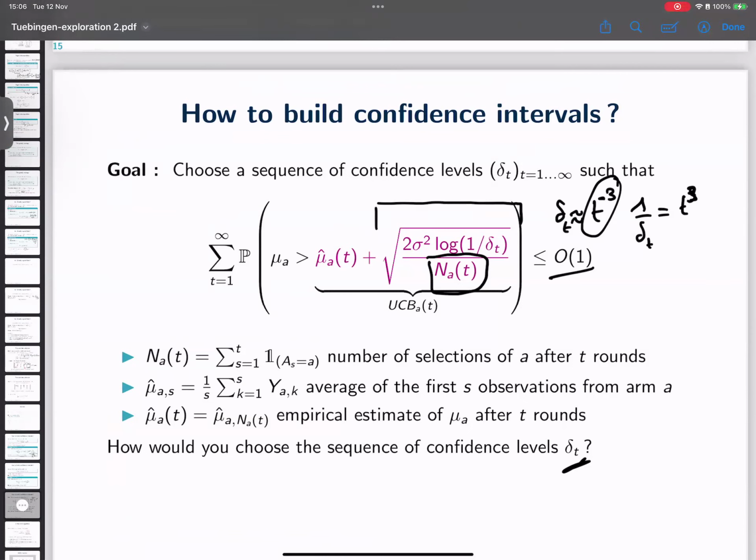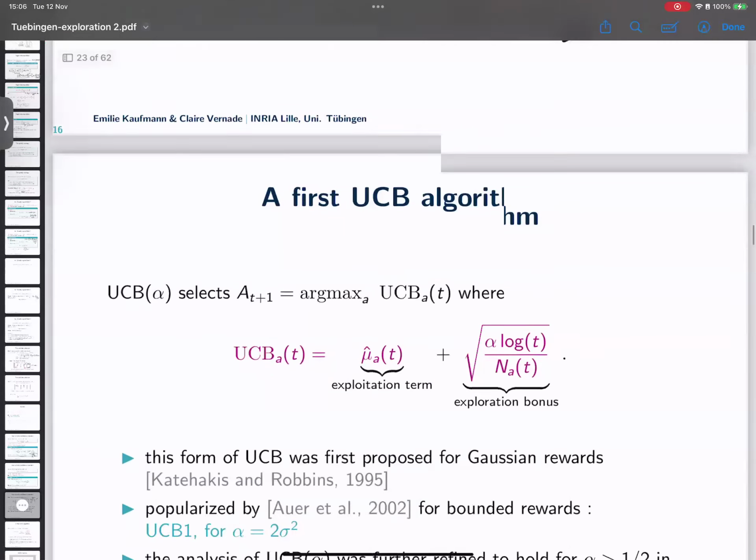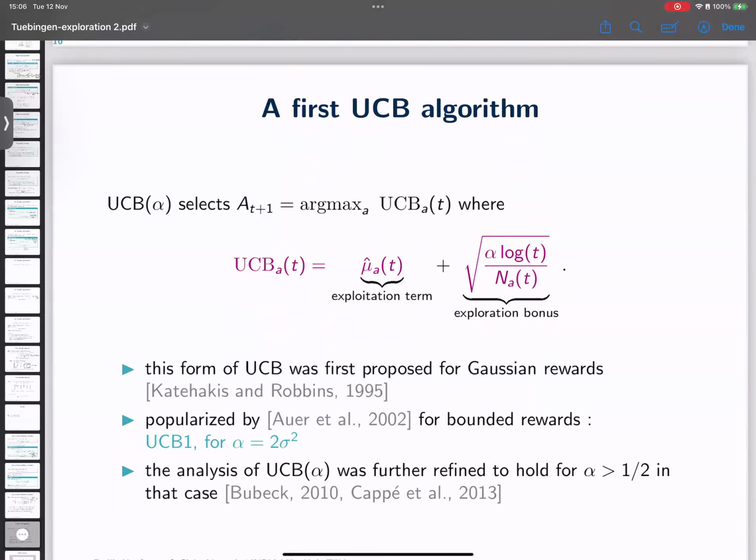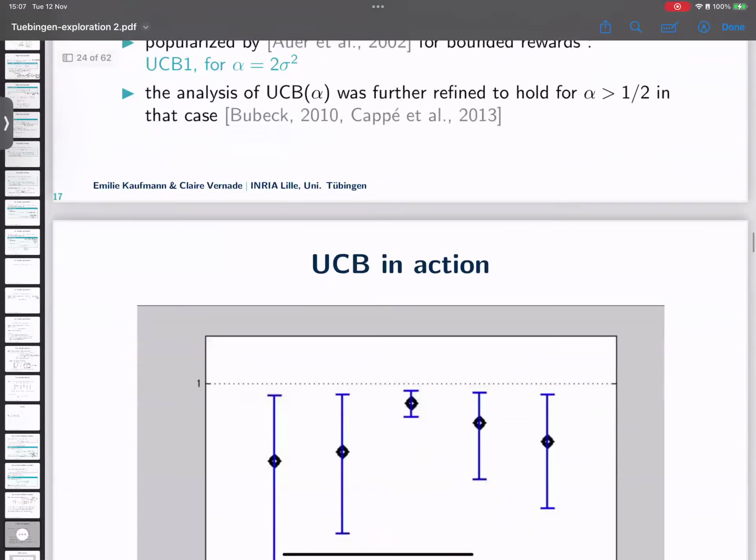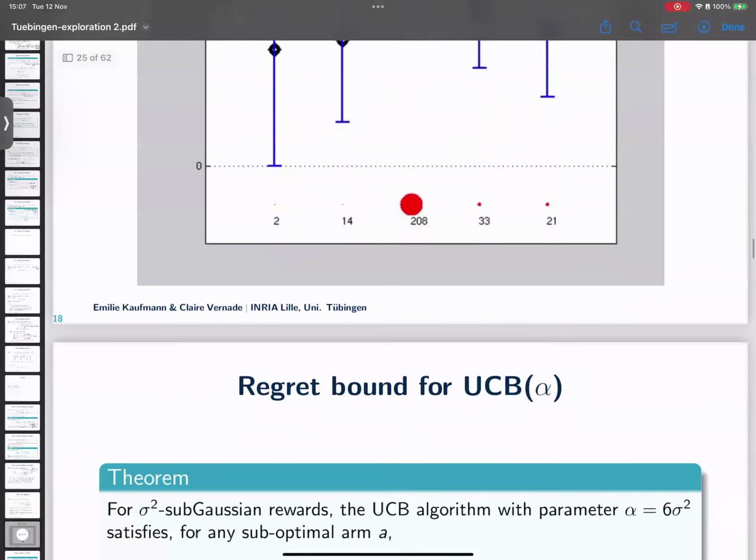So that's how I end up with this type of algorithm that just exploits these confidence bounds to force me to explore. There's been research on this for a very long time, and there are lots of people that proved regret bounds. They proved that the regret of such an algorithm can be bounded depending on the parameter alpha that I put in this square root. I want to show you the regret bound.